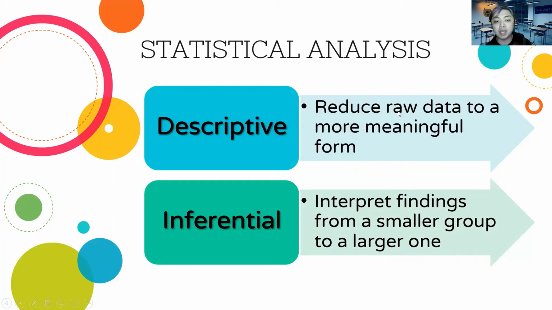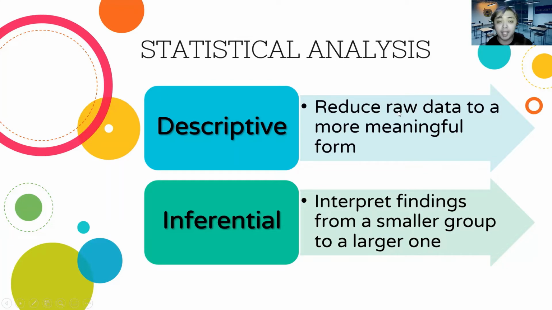In the inferential statistical analysis, it allows us to predict what may happen in the future by finding relationship, comparison, and cause and effect relationship of the data. It may also help us know whether the findings that you gathered in that group is applicable to the population at large.